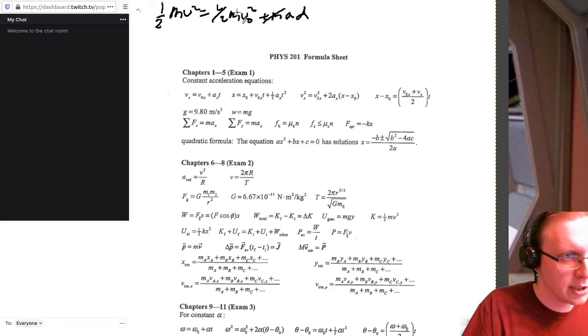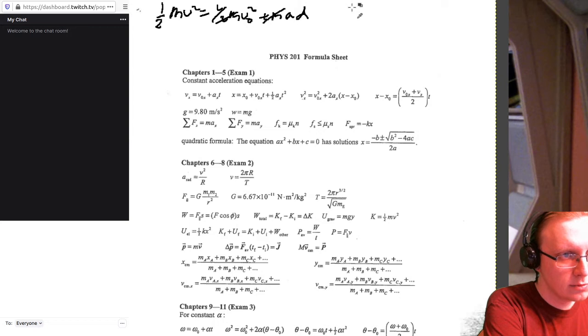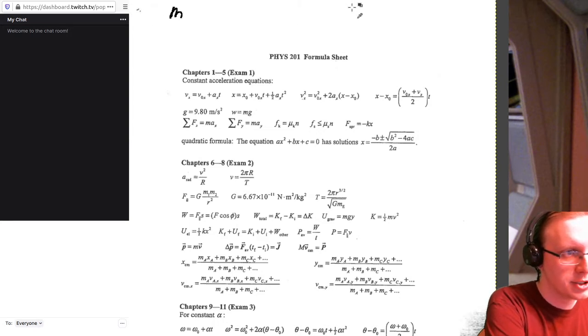All the m's cancel out, multiply both sides by 2, and you have v squared is equal to v naught squared plus 2ad. So I call that the energy equation.